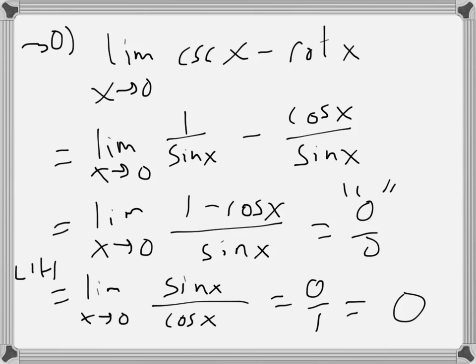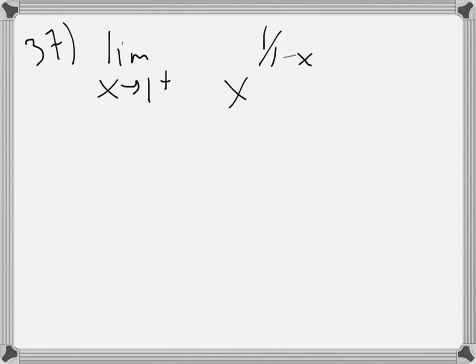So let's look at 37 here. It's the limit as x goes to 1 from the right of x to the 1 over 1 minus x. So that's somewhat of a weird exponent.